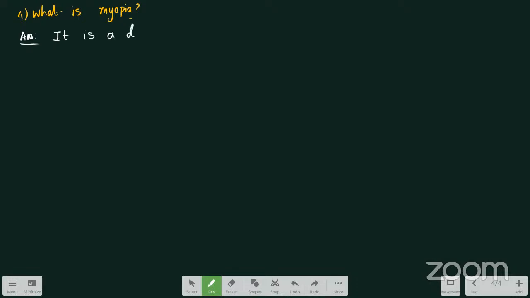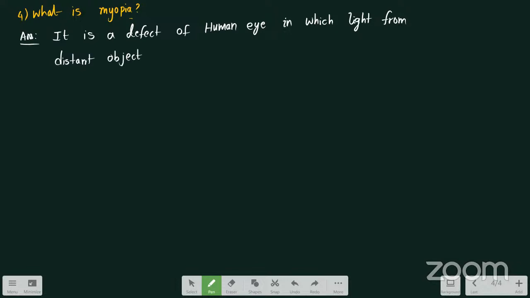It is a defect of human eye in which light from distant object is converged to a point in front of retina.